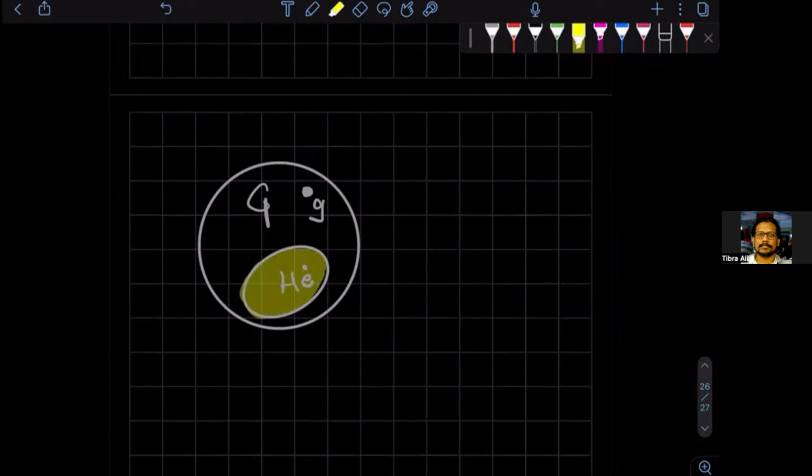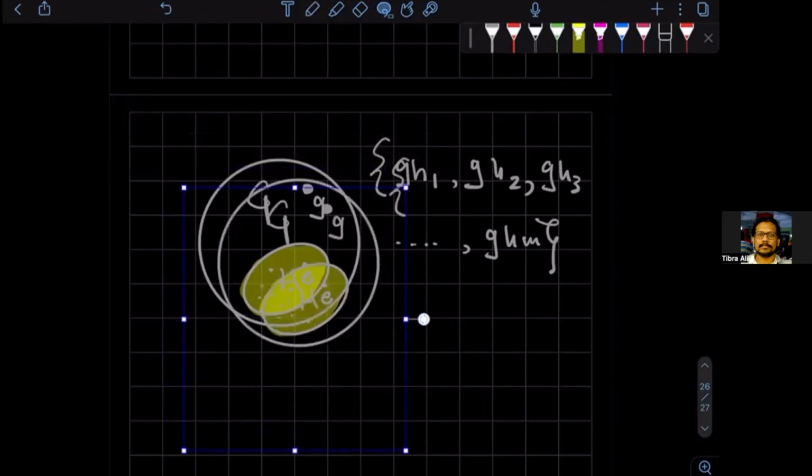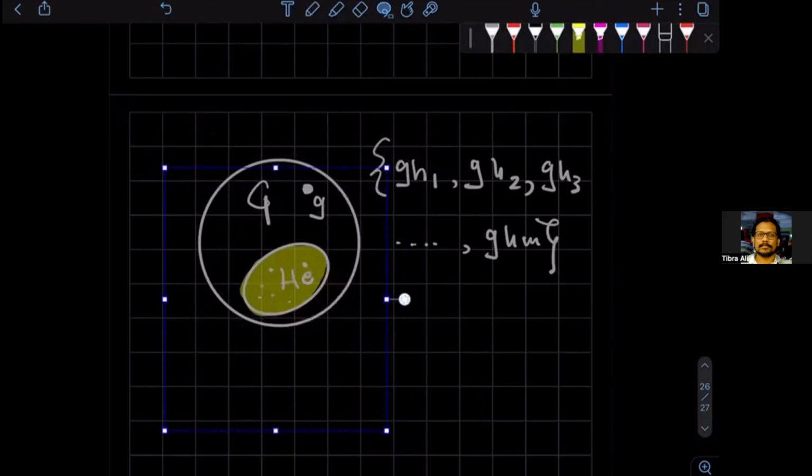And then what you do is that you take g and take every element of H and multiply it with g. Suppose H has M elements. So you get a new set with M elements.